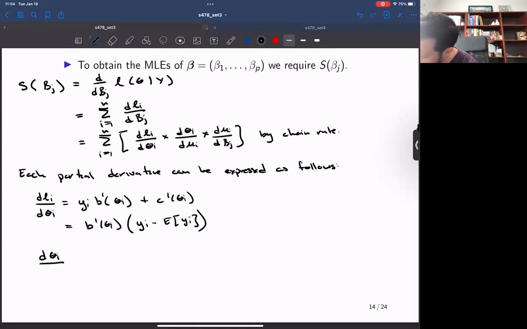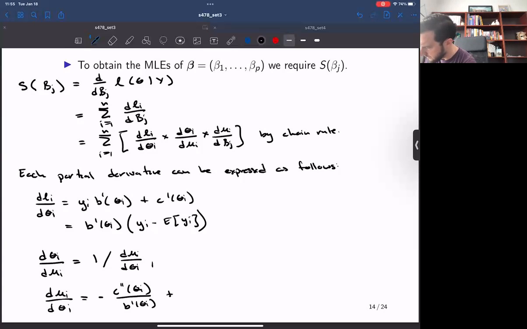d theta i divided by d mu i can be written as 1 divided by d mu i over d theta i. d mu i over d theta i can be written as negative c double prime theta i over b prime theta i, plus c prime theta i times b double prime theta i over b prime theta i squared.